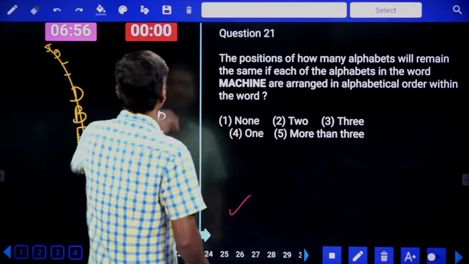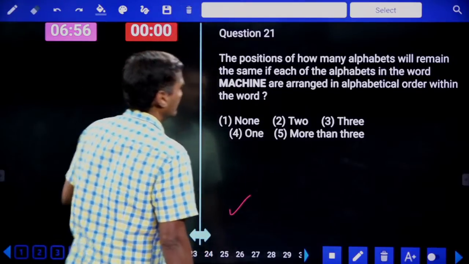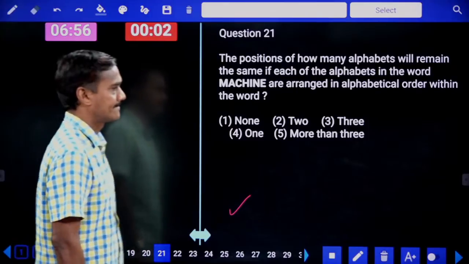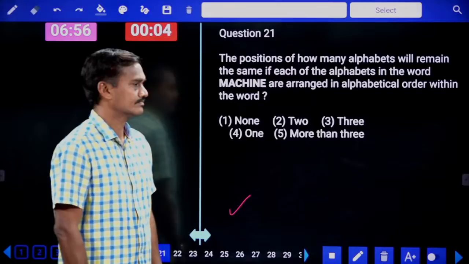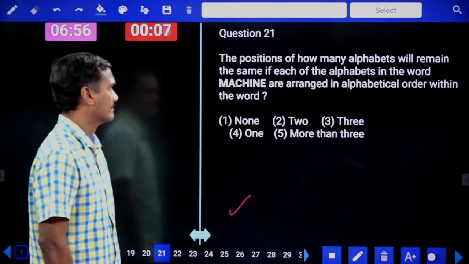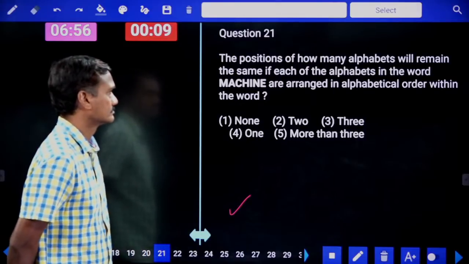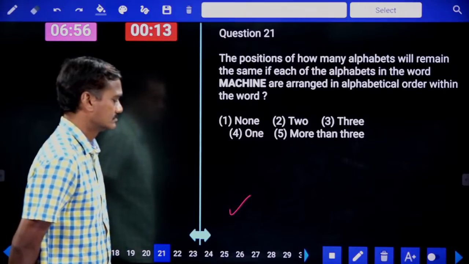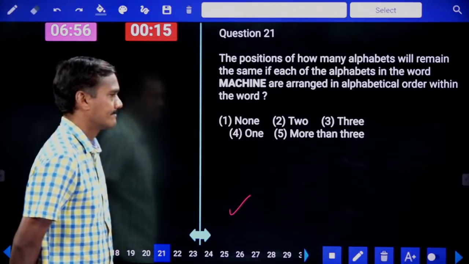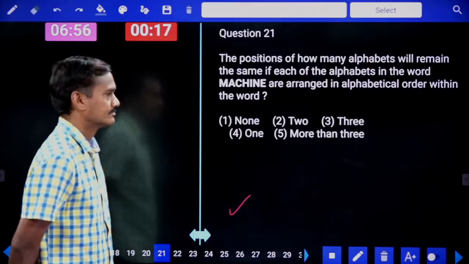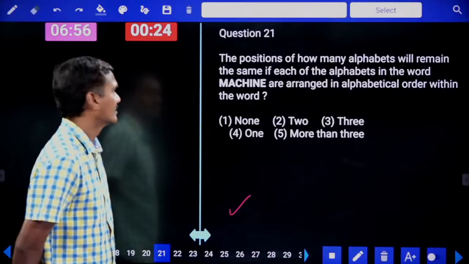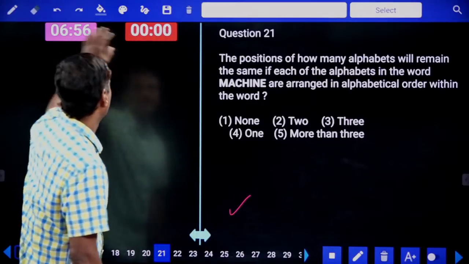Then question number 21. Any answer to this 21?